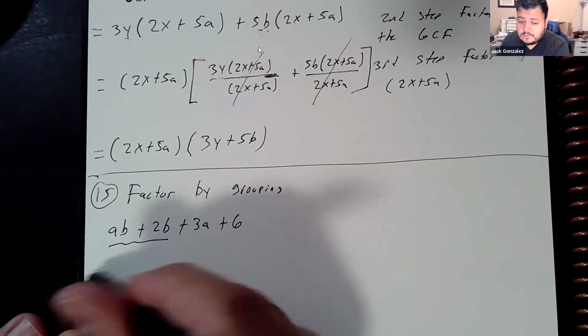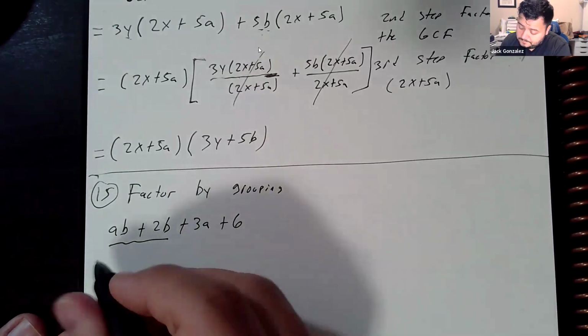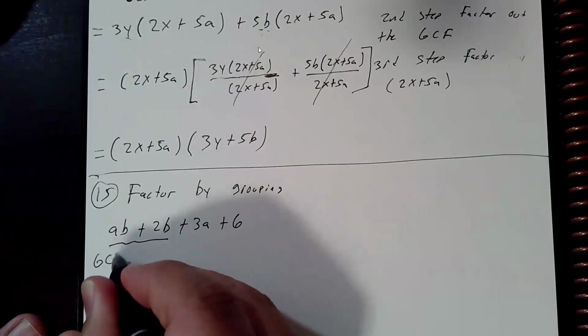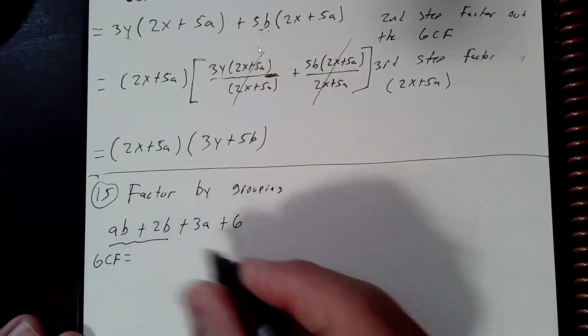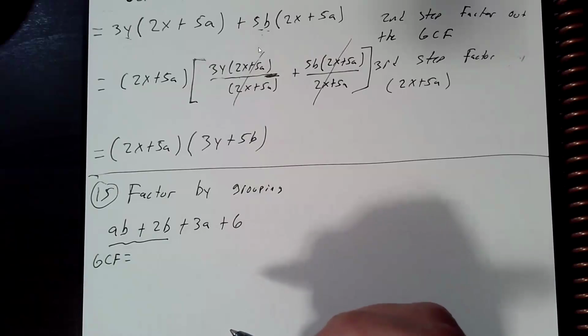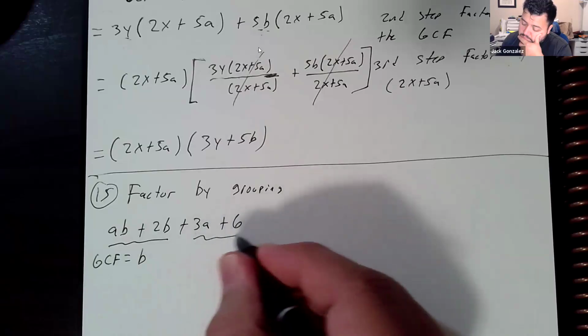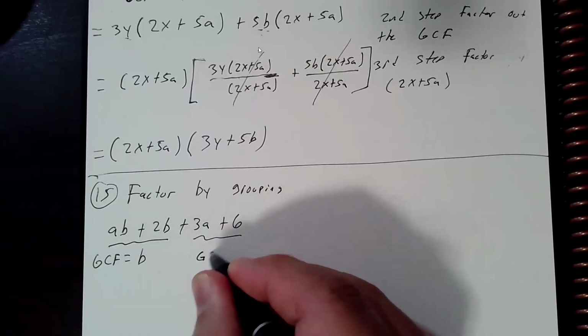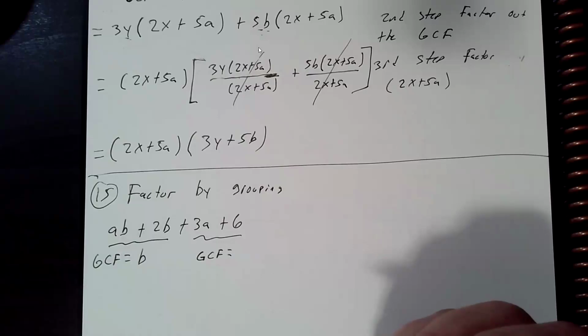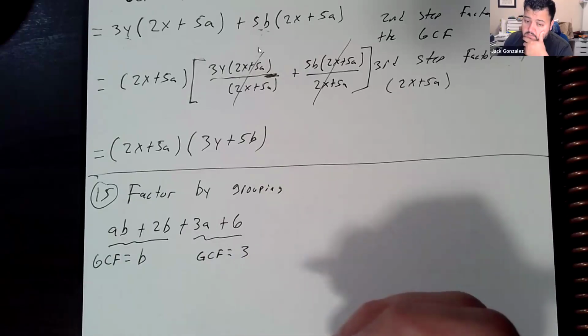What is the GCF is what I'm really asking. B. Yeah, all they have is a B in common. What about these two? 3. So go ahead and factor them out.